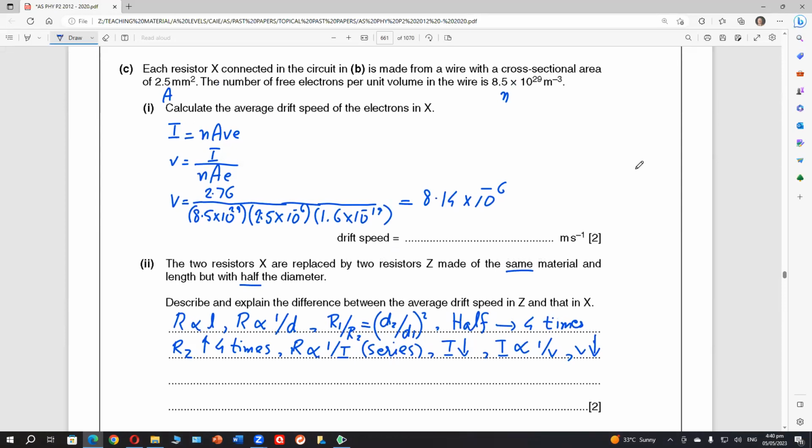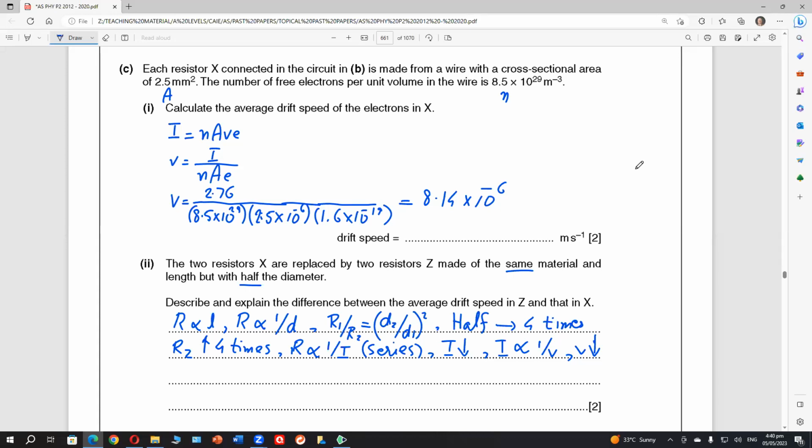Oh, actually, I think I overlooked. With more resistance, won't there be more current?